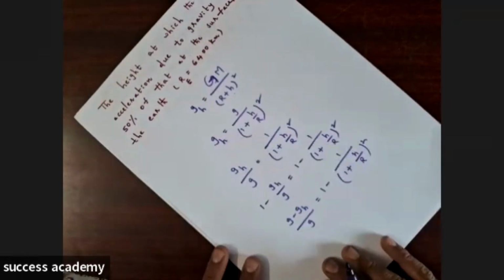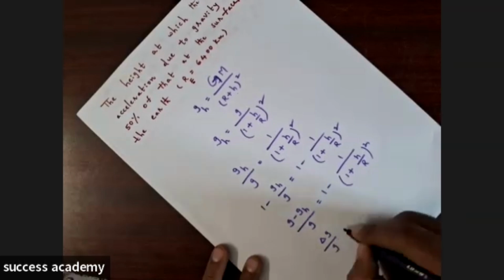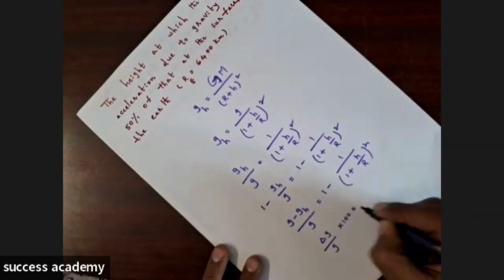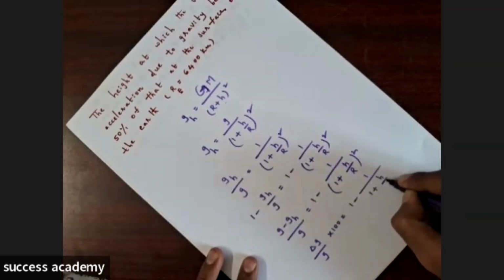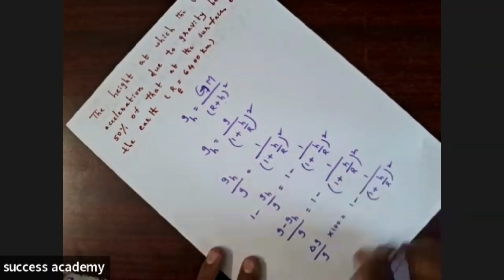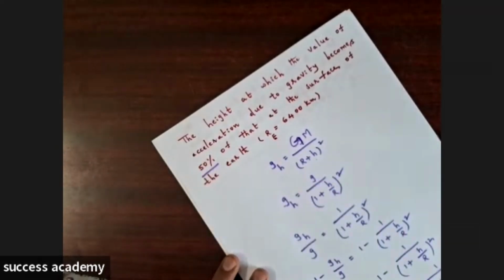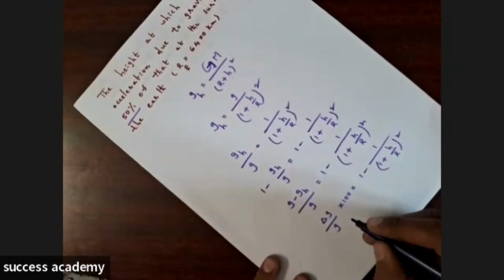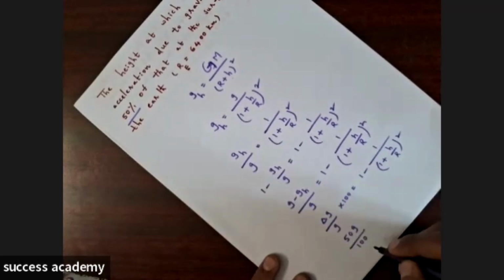In the problem, g minus gh, that is delta g by g into 100, is equal to 1 minus 1 by (1 plus h by R) whole square. In the problem it is given that gravity becomes 50% of the surface of earth. So it means delta g is 50 g by 100.